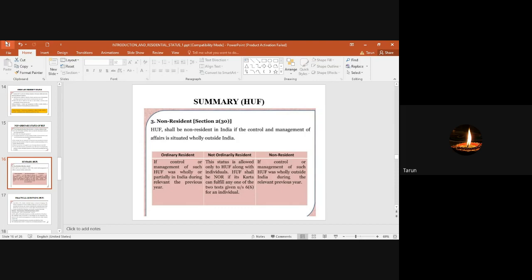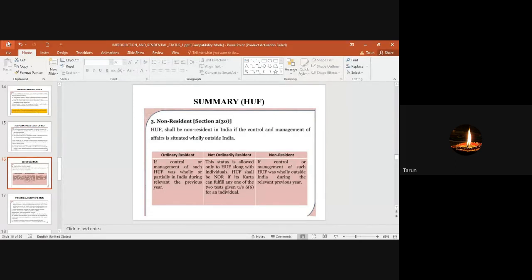Right? So if he isn't satisfied, then he becomes a not ordinary resident. Now, non-resident is when he hasn't satisfied the basic conditions. If the HUF hasn't satisfied the basic condition, that is, if the HUF business is situated outside India, it becomes a non-resident.